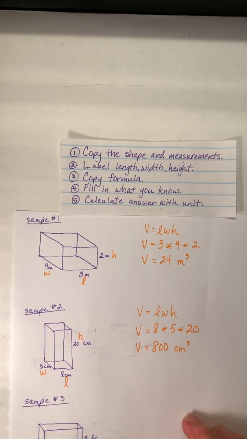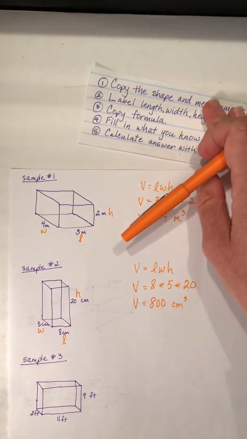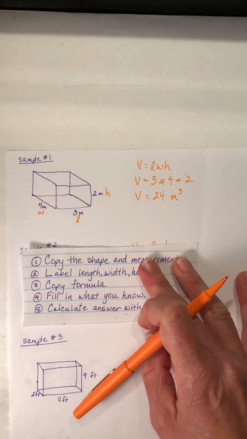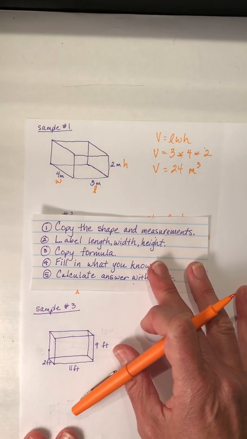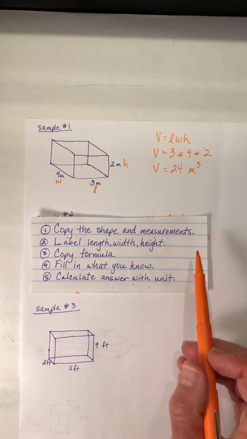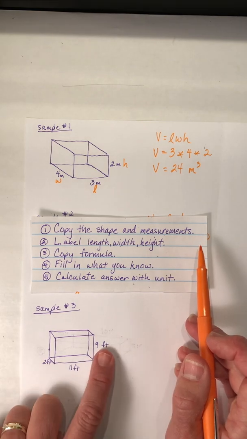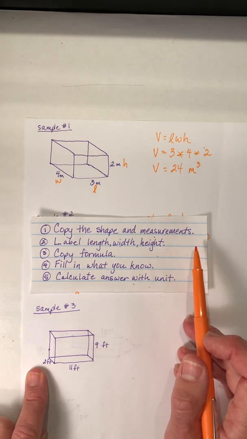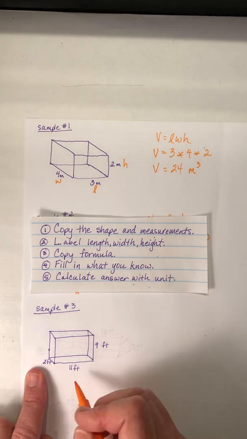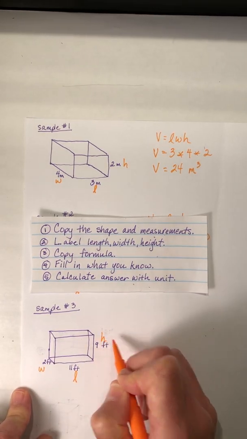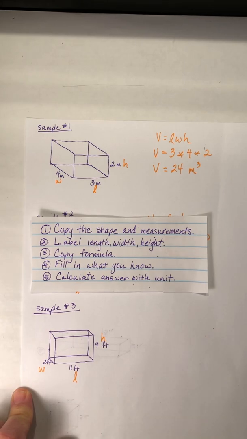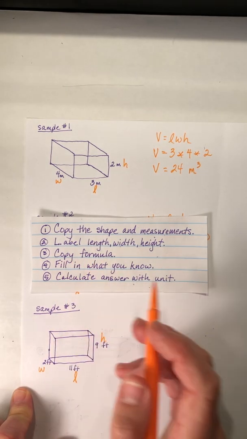All right, here we go. Last one on this page. Get our steps there. So sample number 3, you're writing that on your paper. Step number 1, you're copying the shape and the measurements. Step number 2, we're labeling the length, the width, and the height. Now I'm ready to copy my formula.